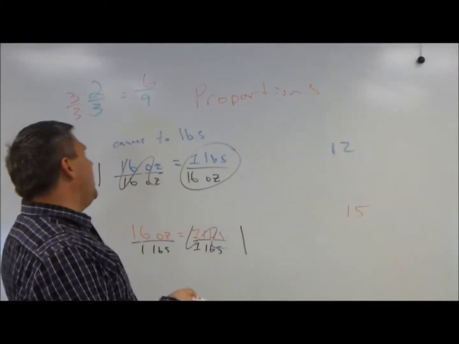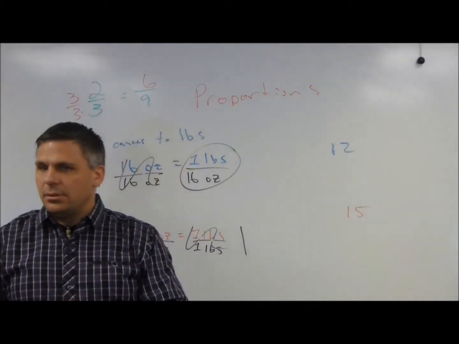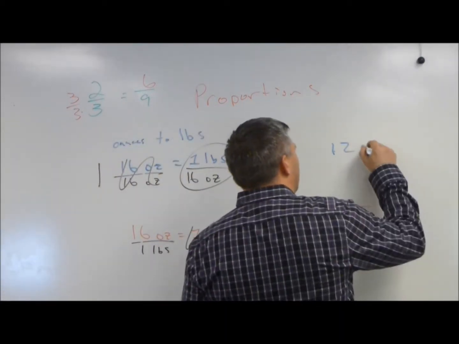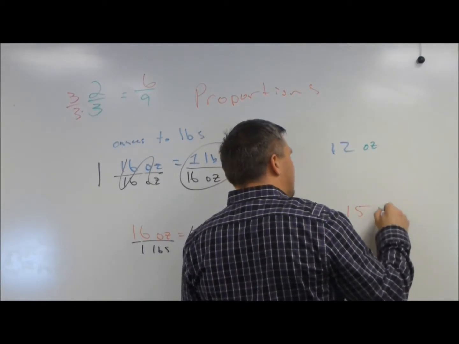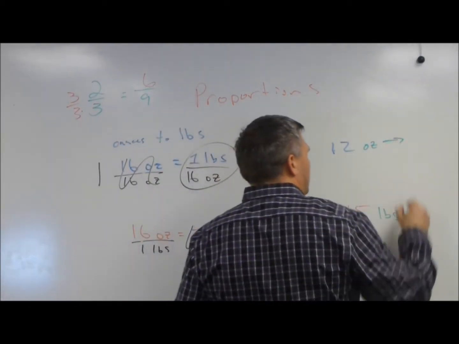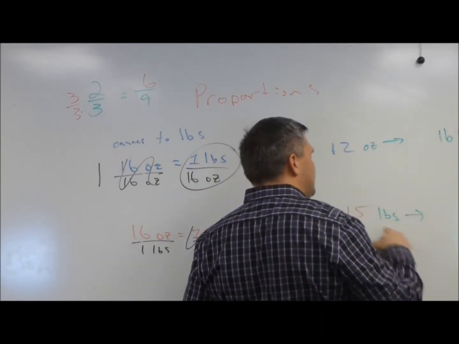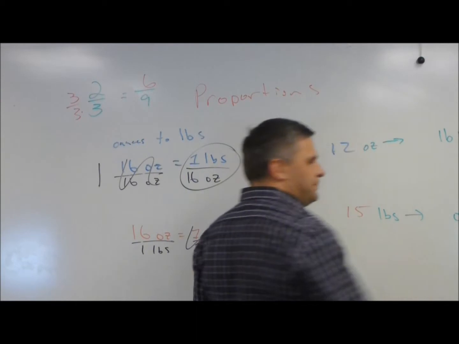Is the 12 going to be ounces or pounds? Ounces. Okay? So OZ, that means this is going to be LBS. And then we're going to change them to the others. So this is going to change to LBS, and this is going to change to ounces.